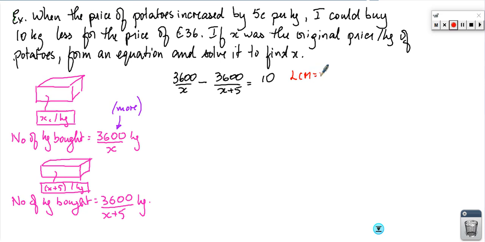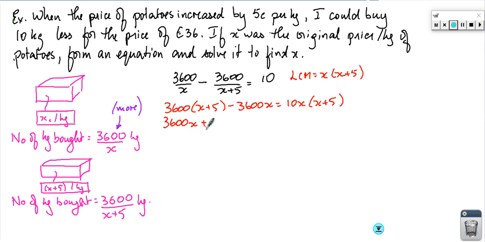Okay, so the LCM is x times x plus 5. Multiplying by the LCM, I get 3,600 into x plus 5 minus 3,600 times x is 10x, x plus 5. Let's open up brackets. So I have 3,600x plus 18,000 minus 3,600x is equal to 10x squared plus 50x. 3,600x minus 3,600x cancels out.